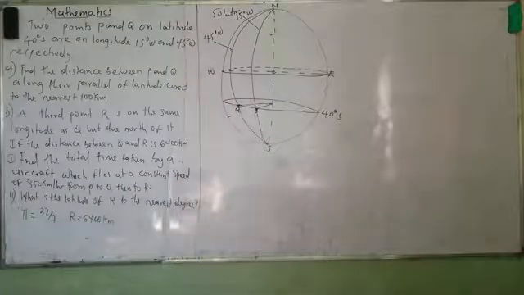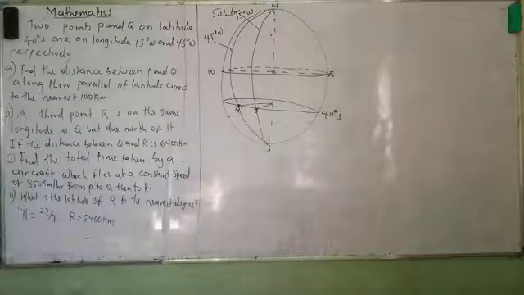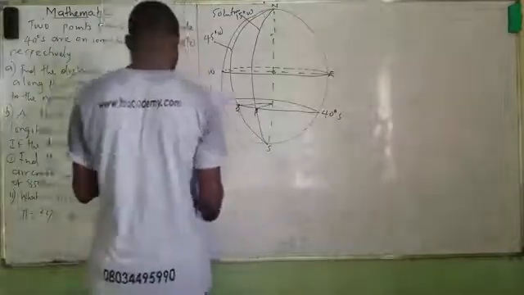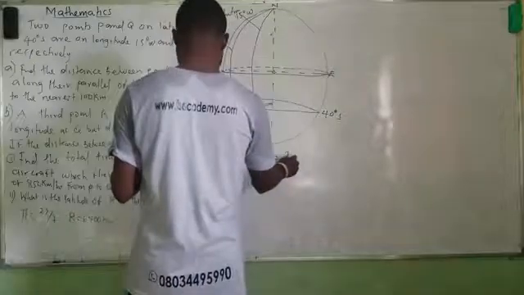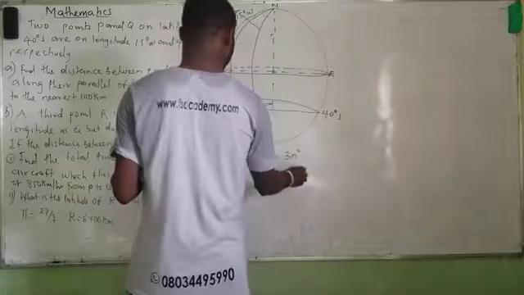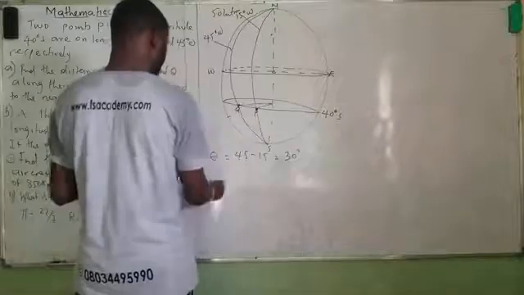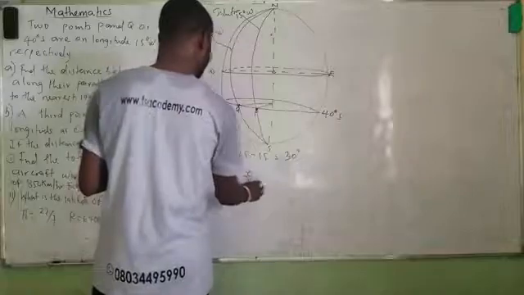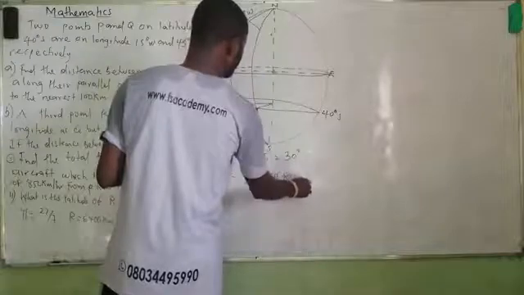But can I find the distance? Find the distance between P and Q along their parallel latitude. I will get my distance by having my theta equals to 45 minus 15, which gives me 30 degrees. Now, my distance PQ will be equals to theta all over 360 multiplied by 2 pi small r, where my r is cos alpha.